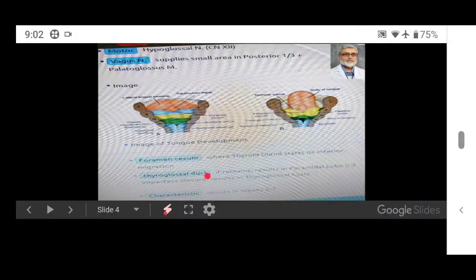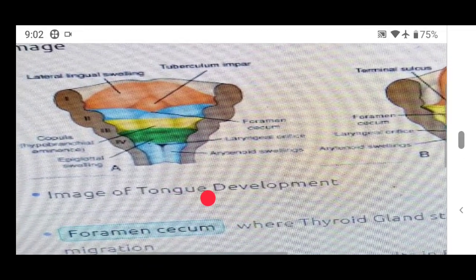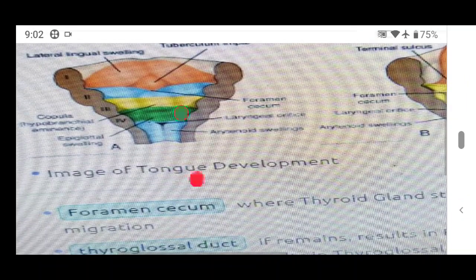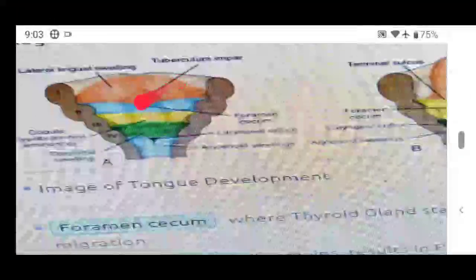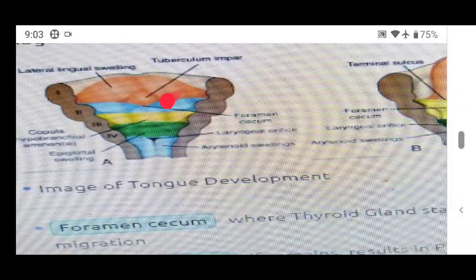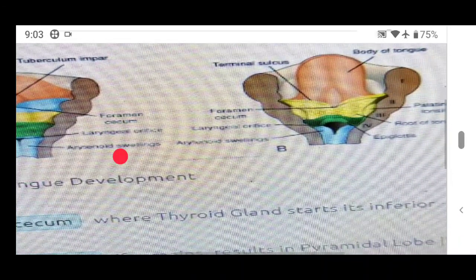Now you can see the developmental stage here, and the branchial arches are well seen. First branchial arch, second branchial arch, third branchial arch and fourth branchial arch, in both figures.